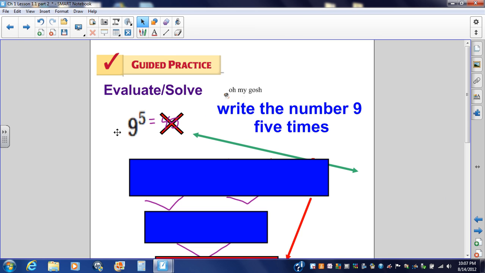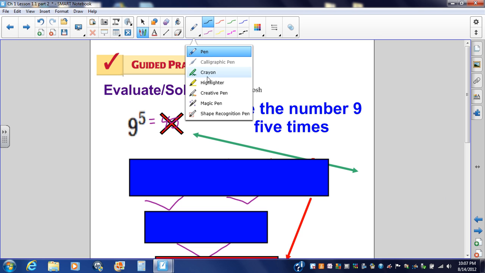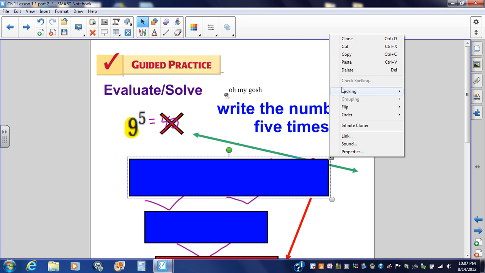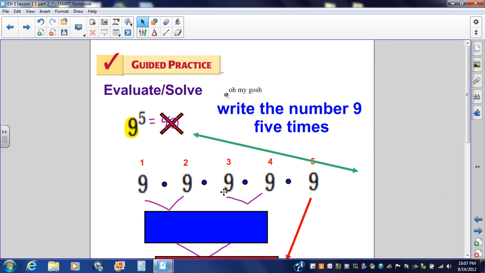We're going to write the base, which is 9, 5 times. So let's write the base 9 5 times. So I wrote 9 5 times.